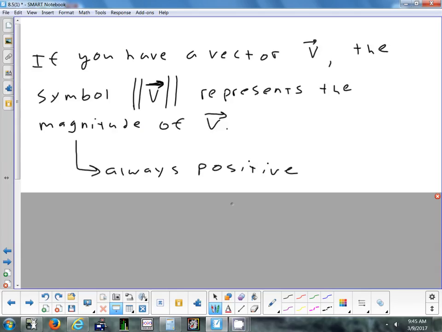The magnitude is a number that represents how strong of a force it is, or how fast the object is moving. The magnitude is always a positive number. It wouldn't make sense to say negative force or negative speed. Negative is taken care of by direction. If you mean traveling the opposite way, that's direction, not negative speed. Okay?